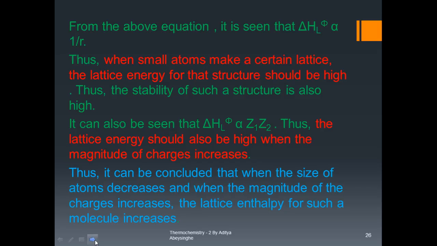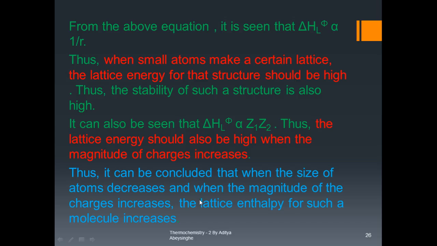For example, for magnesium chloride the standard lattice enthalpy should be high, because you take +2 of magnesium and -1, so that forms -2. So magnesium chloride has a high strength. You can also say that when the size of atoms decreases and when the magnitude of the charges increases, the standard lattice enthalpy for such a molecule increases. So that's it about the different types of standard enthalpy.